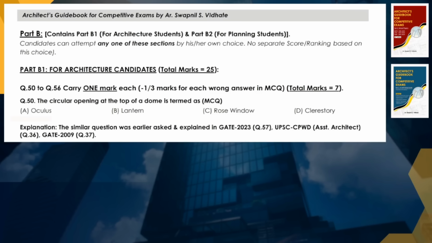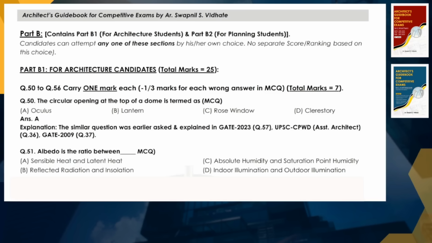Similarly, you can check the UPSC CPWD Assistant Architect question paper, and therein question 36 was related to question 50 of GATE 2026, which you can read on your screen. Then a similar question was there in GATE 2009 at question 37. So multiple references were available. Selecting option A, that is oculus, which is the circular opening at the top of a dome, was not difficult. Option A was the correct answer for question 50.